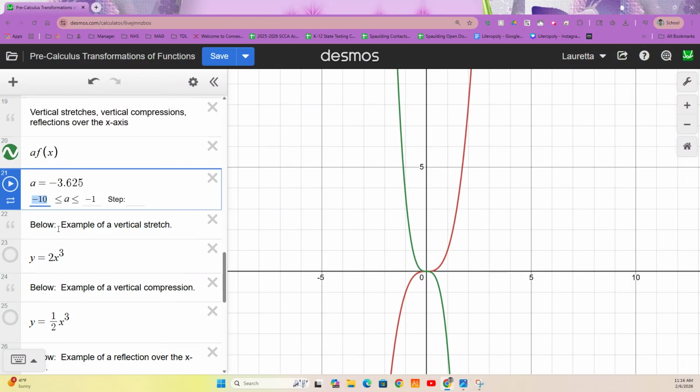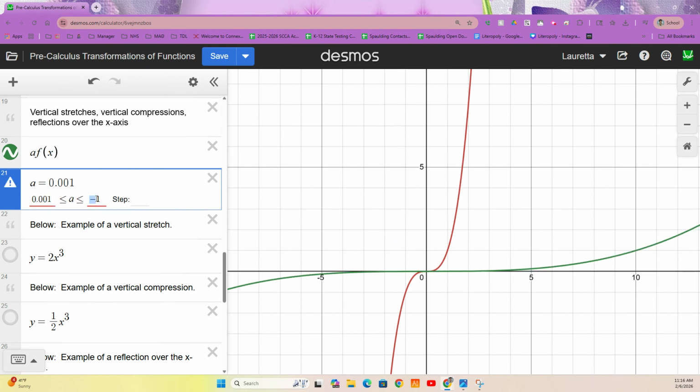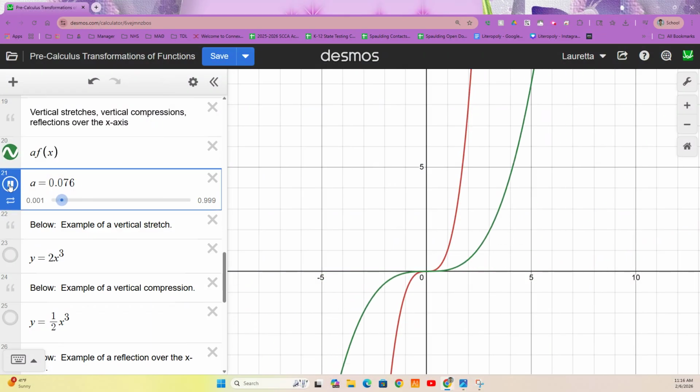Next, if the absolute value of a is greater than 0 and less than 1, then you will have a vertical compression. So you can see the vertical compression.